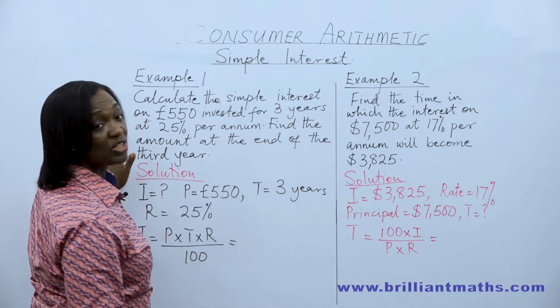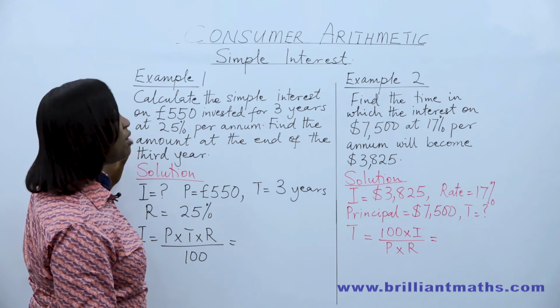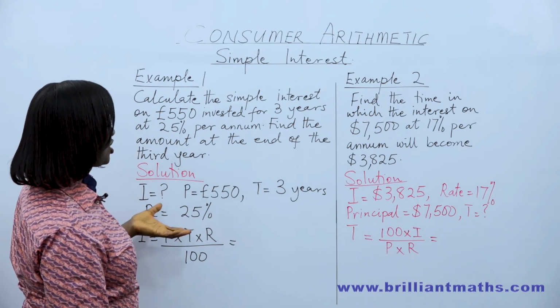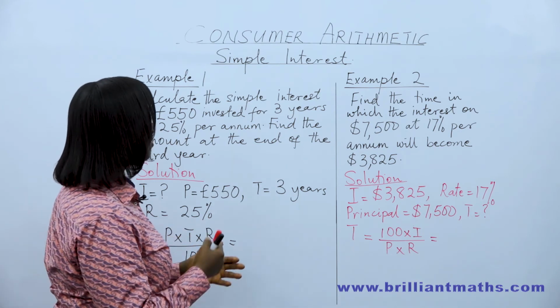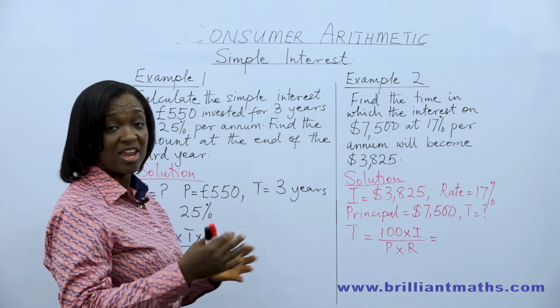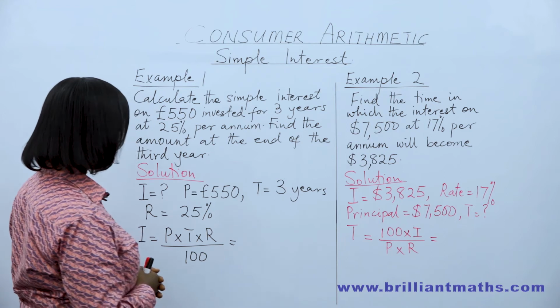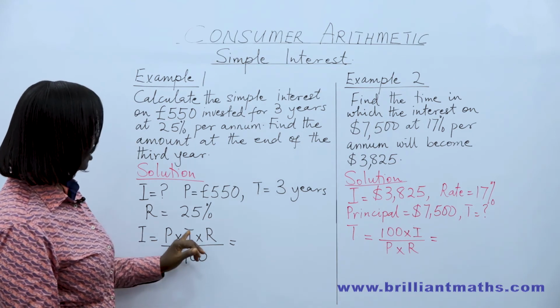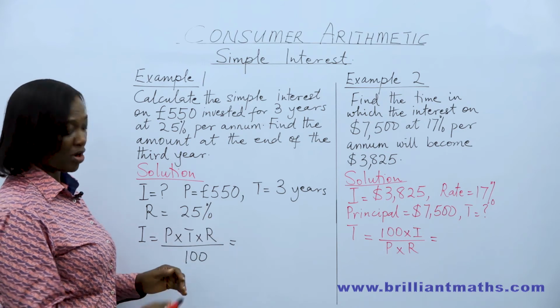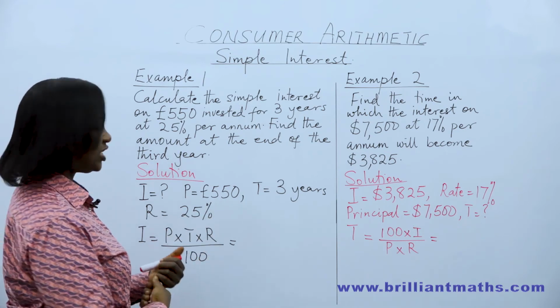And the rate is at 25% per annum. 25% is actually a quarter. So you are getting a quarter of the amount for 3 years. That's interesting. So the interest is the principal times the time times rate over 100. So let's input that into the formula.